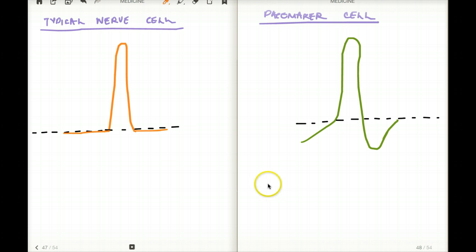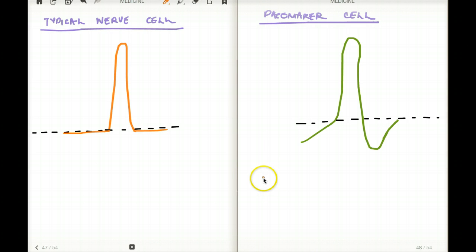So for an action potential to be generated inside a pacemaker cell, we want more positive ions entering the cell and fewer negative ions entering. Only then is the cell going to be in a positive state, which is the depolarized state.